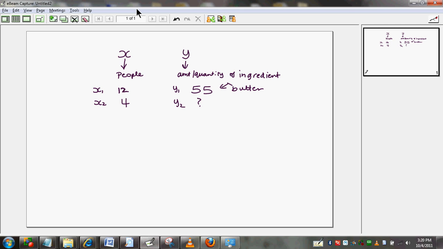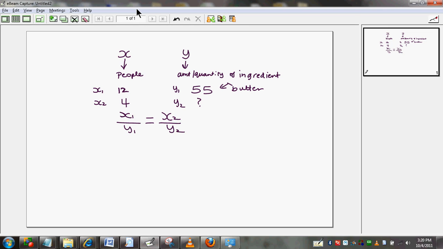And we learned that the relationship between 2 quantities that are in direct proportion, what's the equation you learned? Right, very good. X1 over Y1 is equal to X2 over Y2.